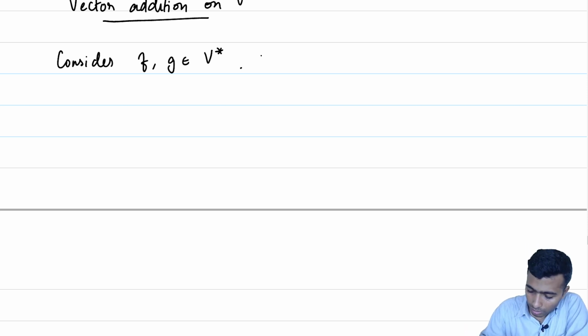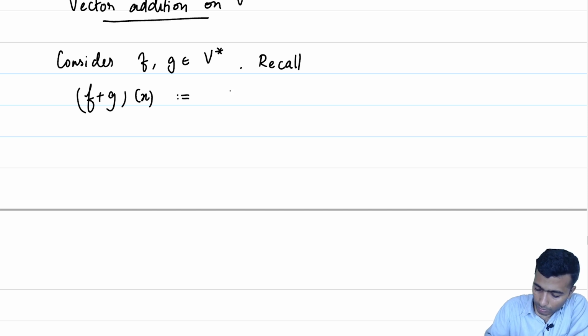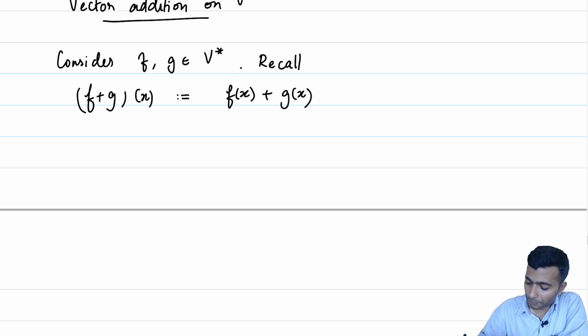So, recall f plus g of x by definition is equal to f of x plus g of x, and we had checked that f plus g defined in this manner is a linear transformation from V to R, and therefore, it is a linear functional.